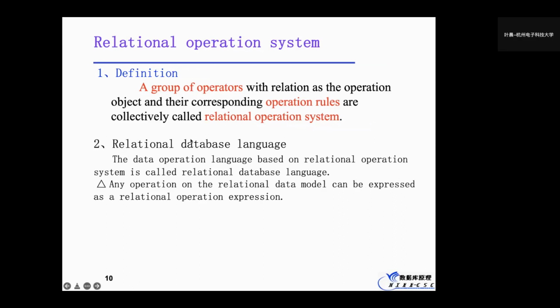The data operation language based on relational operation system, which we call a relational database language. And here, any operation on the relational data model can be expressed as a relational operation expression.